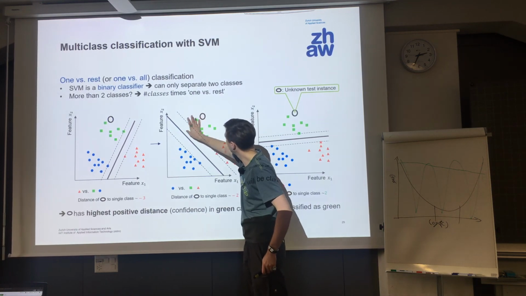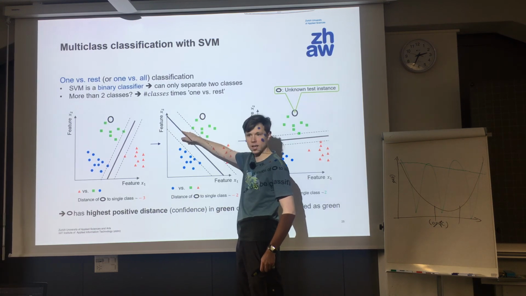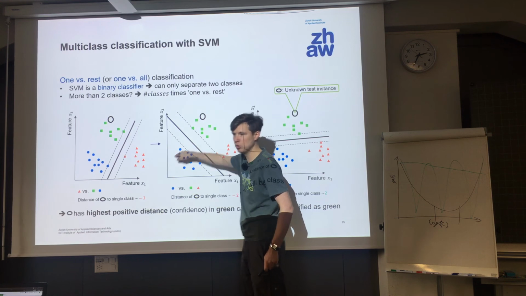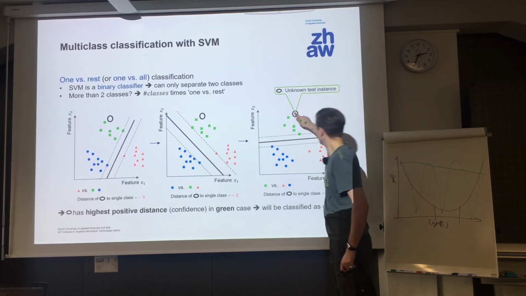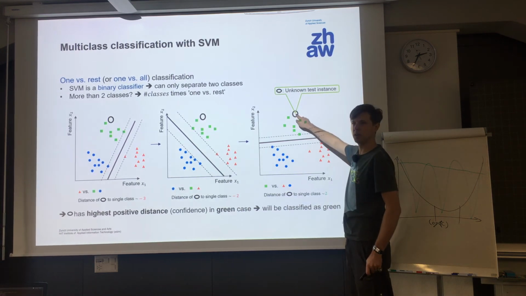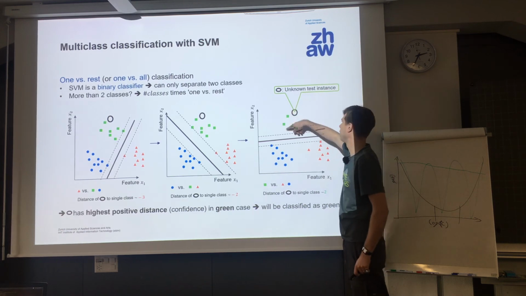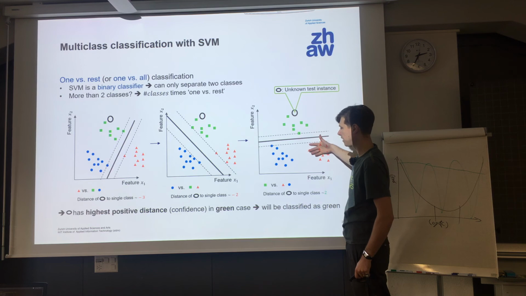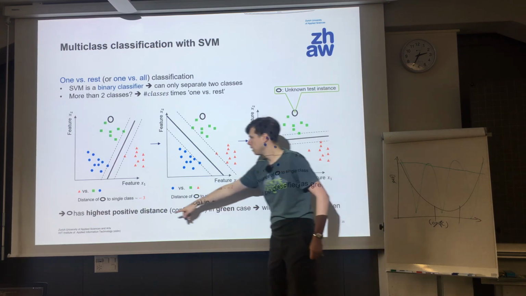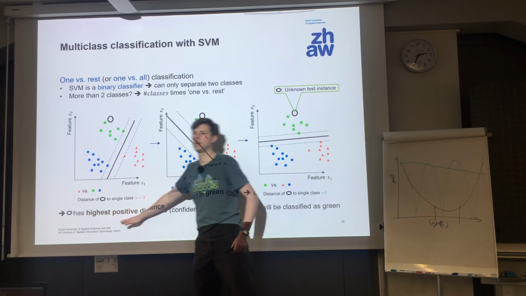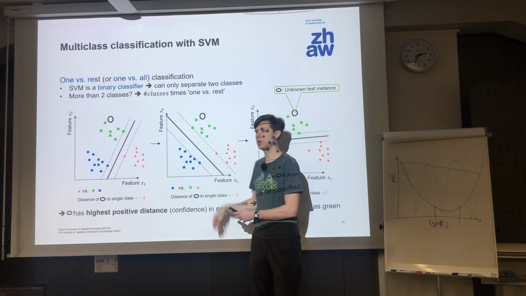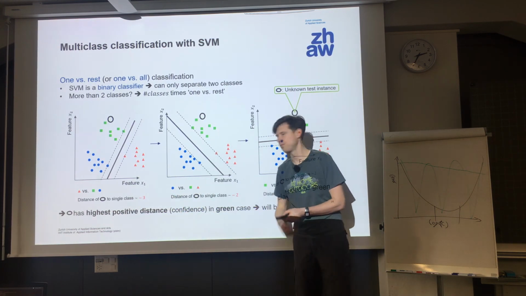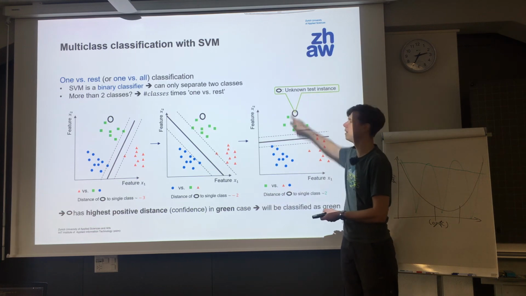It's a little bit closer to the hyperplane, but it's still on the wrong side for being classified as blue. And here, it has a positive distance, so it is on the side of the one versus rest class. So generally you take as classification the result of the classifier with the highest positive distance. In that case, this point would be classified as green.